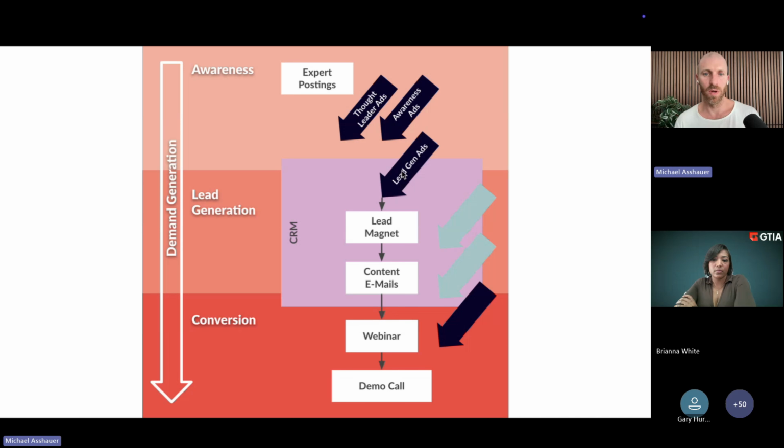Once you collected the contact data with a certain topic in the lead magnet and lead generation phase, you will send them emails around that topic. And once you offer a webinar about the same topic, then you will see that opt-in rates, show up rates, retention rates, and so on will be very, very high. And then also conversion rates after the webinar into a demo call will be on a pretty high level.